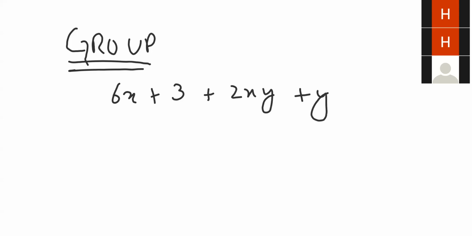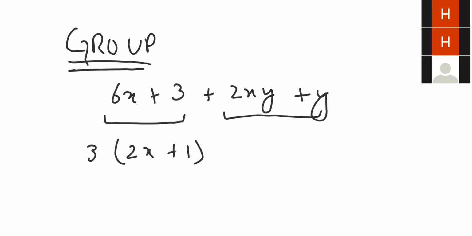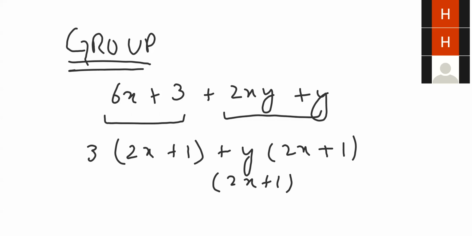You're going to factorize the first two terms first and the last two terms in another group. From 6x plus 3, you've got a factor of 3, and you've got 2x plus 1 inside the bracket. And from 2xy plus y, you've got the common y, and you've got 2x plus 1 inside the bracket. Now, since the two brackets are the same, you can simply write them together, which is 2x plus 1, and then take out whatever is outside the bracket into another bracket, which is 3 plus y.